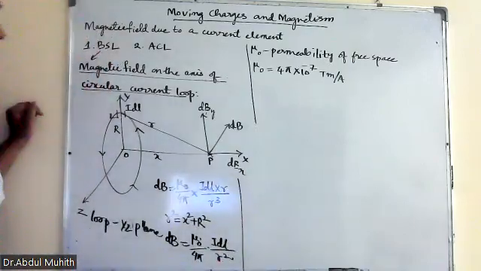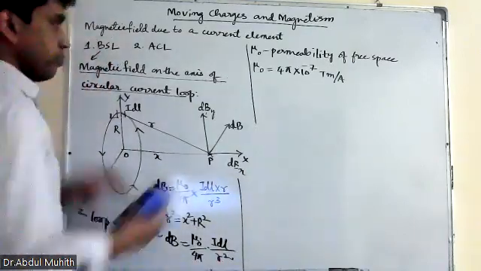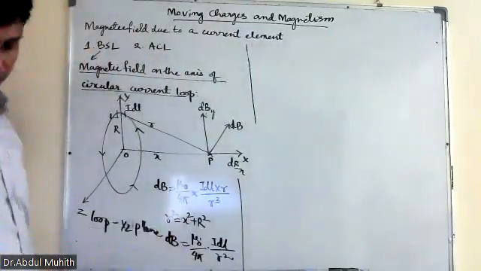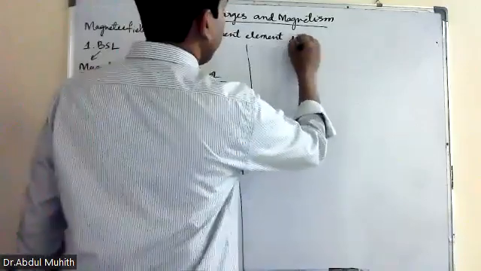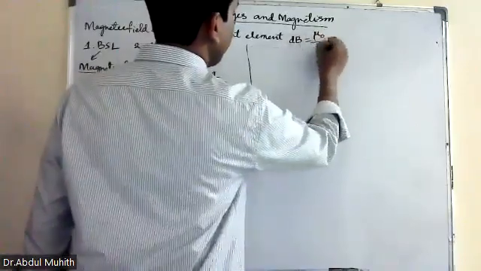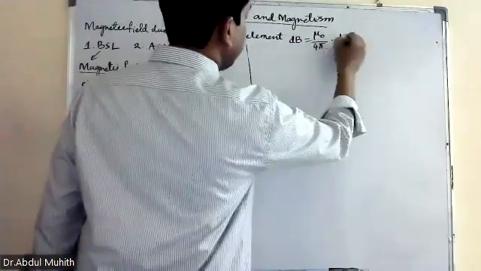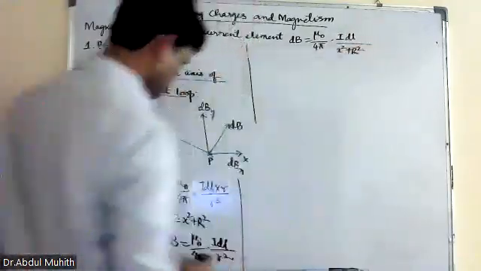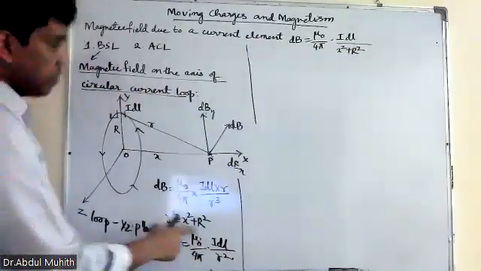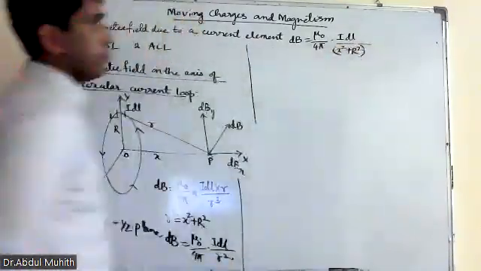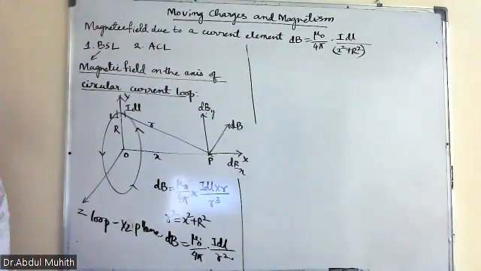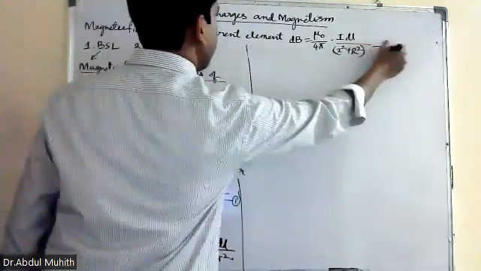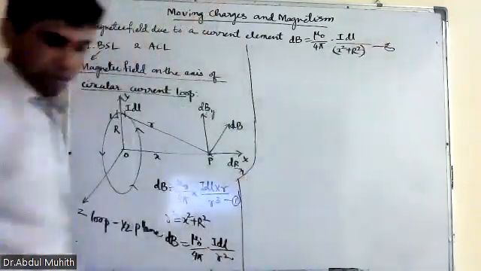In the place of r square, I write the whole value. So dB is equal to mu 0 by 4 pi into I into dl divided by x square plus R square. Let this be equation number 1 and let that be equation number 2.